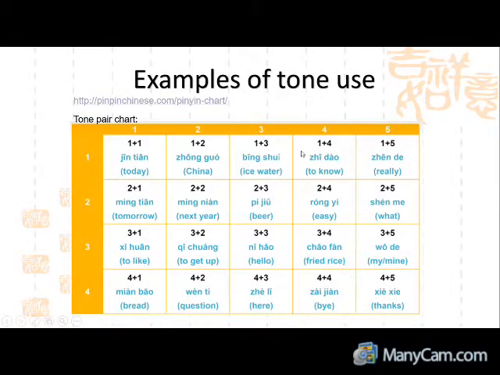Back to the presentation. So again, this tone chart is just very useful to illustrate the tones that we have. So there are 16 different combinations of tones. These numbers on the side represent the tone numbers. So 1, 2, 3, 4. Now the 5th one that's included here, you obviously realise that the second character there is actually toneless.